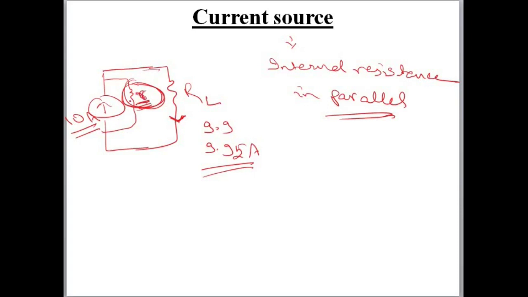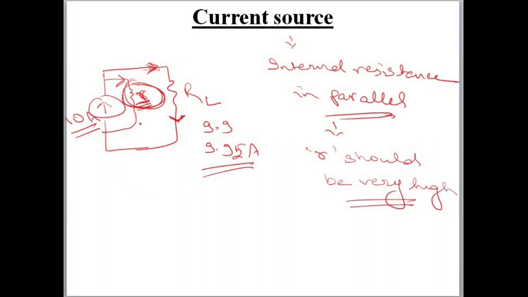If this R is very high, then only less current will flow in this and more current will flow across the load. So in a current source there is always an internal resistance in parallel with it, and this internal resistance should be as high as possible. If it is very high, then only we will get more current across the load.